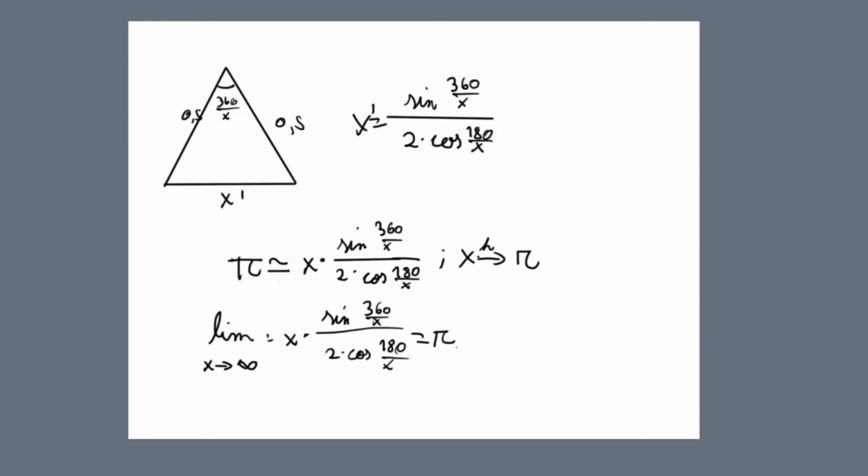And everything multiplied by 1,000. I think I got something wrong. Did I put equal numbers? Yeah, it should have worked. Multiplied by 1,000.